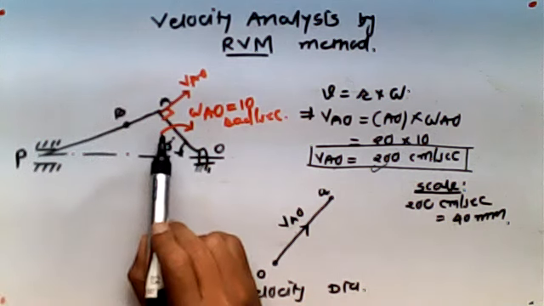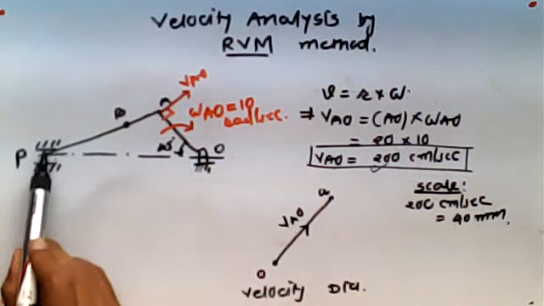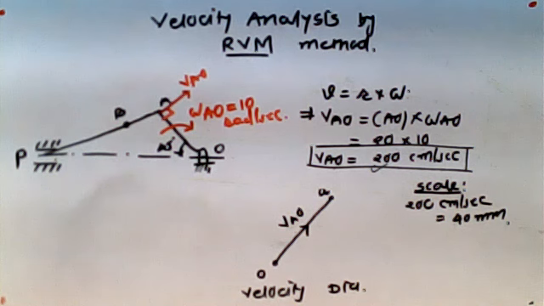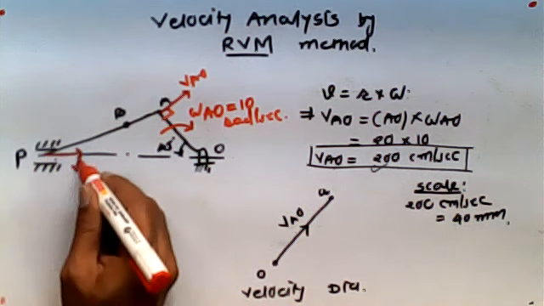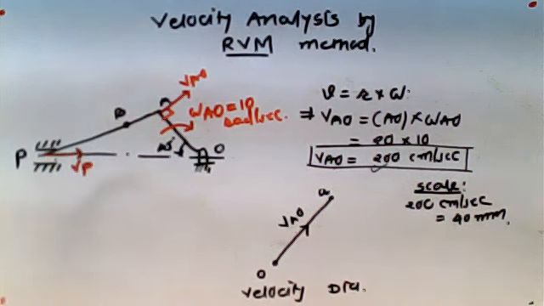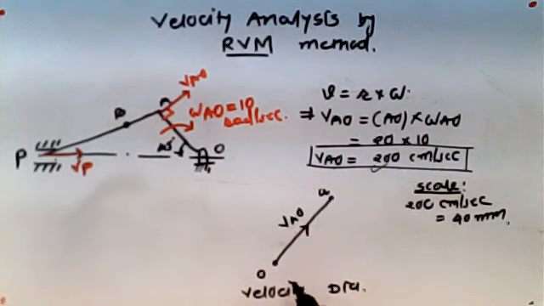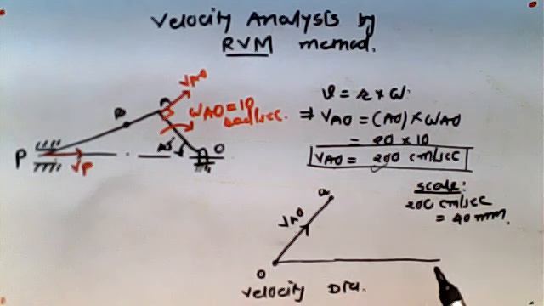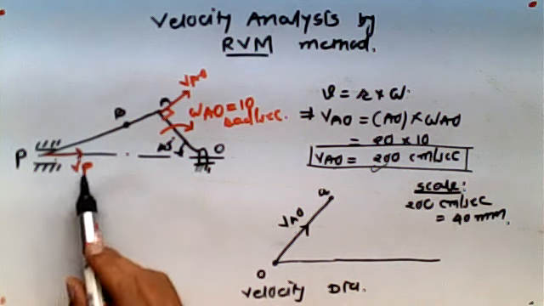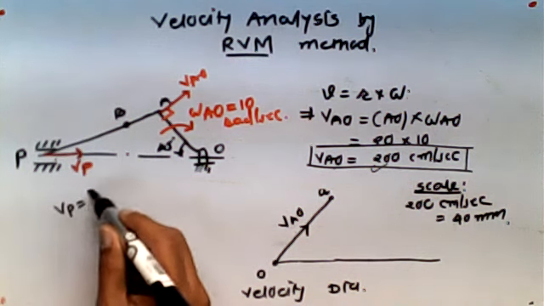Obviously, if it is in the clockwise direction, it will move in this direction. So the velocity of P, suppose it is going in this way, you can draw the vector in that direction. You can draw it from here to here, but I don't know where to stop because I don't have the magnitude of the velocity of the piston. Actually, this is the unknown.